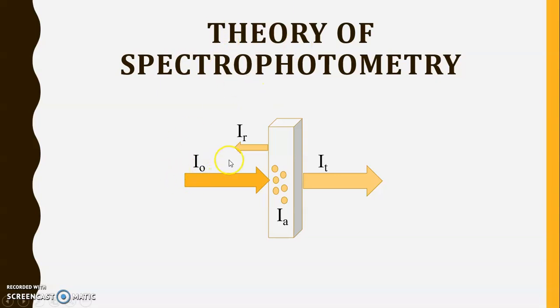Here you can see there is a color difference shown. The I0, that is the incident light, has more intensity, while the transmitted light has less intensity compared to this I0.